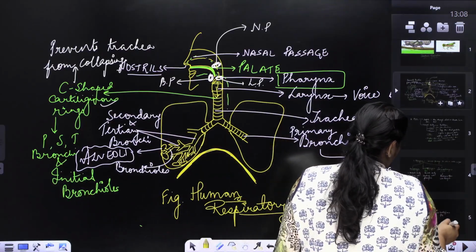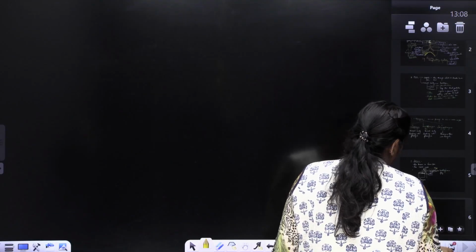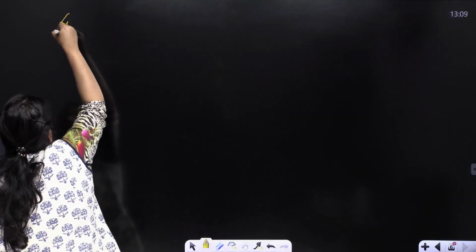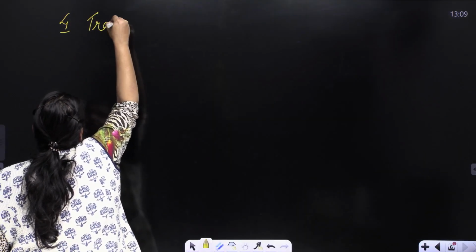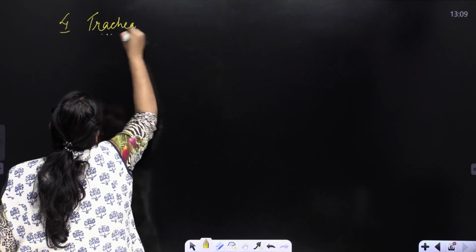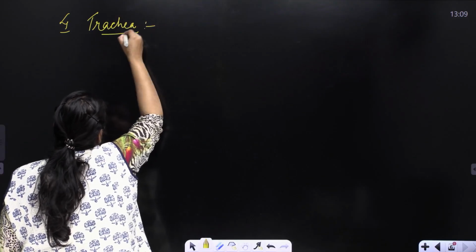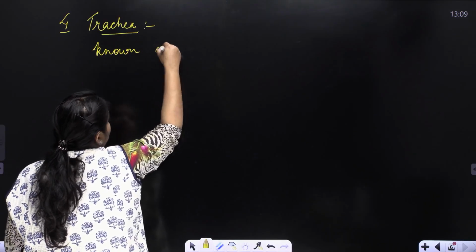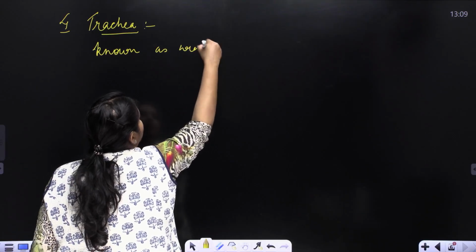So the next part, which is the fourth part, is the trachea. I already told you it is known as the windpipe.